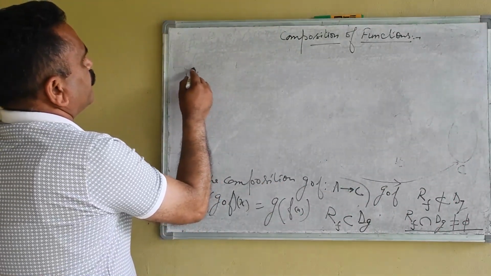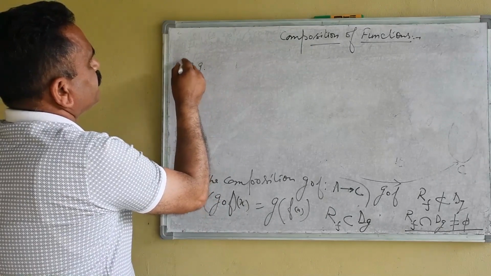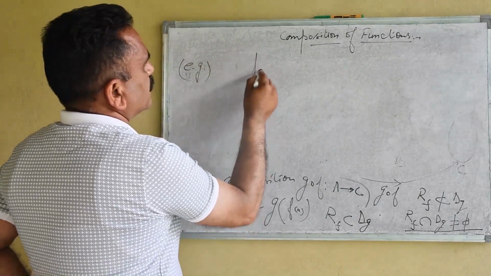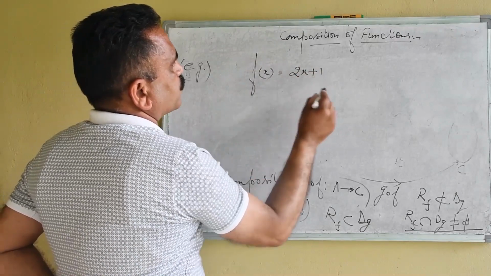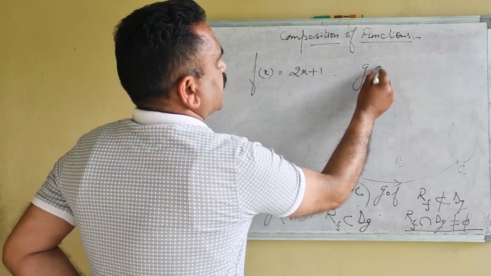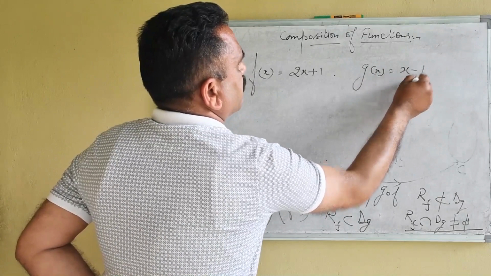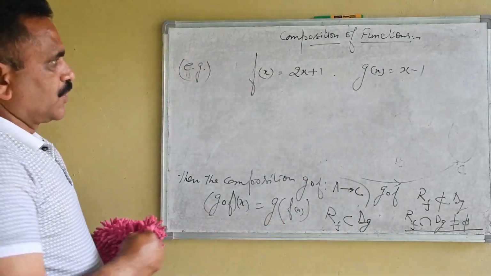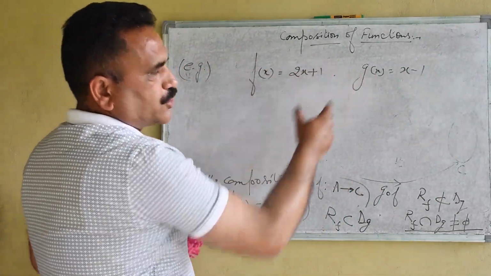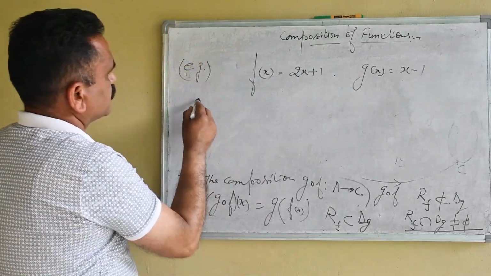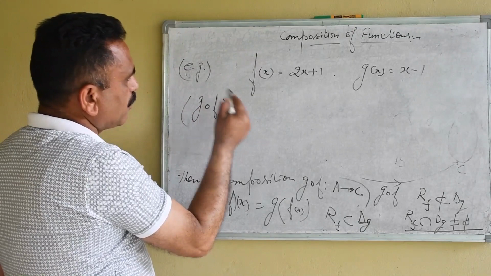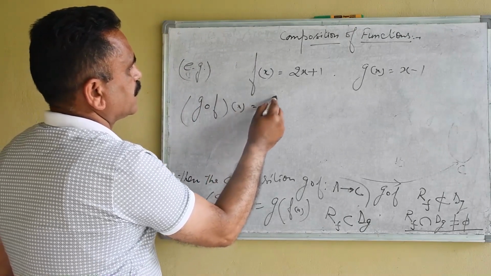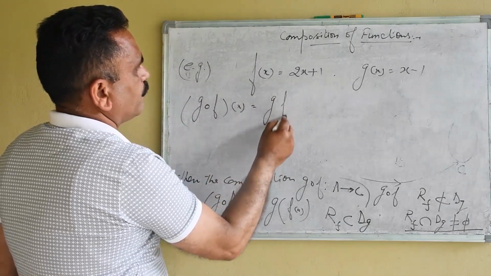For example, we have two functions: f(x) is equal to 2x plus 1, g(x) is equal to x minus 1. Now we want to find the composition of these two functions. What is g circle f, g of f of x, is equal to g of f(x).